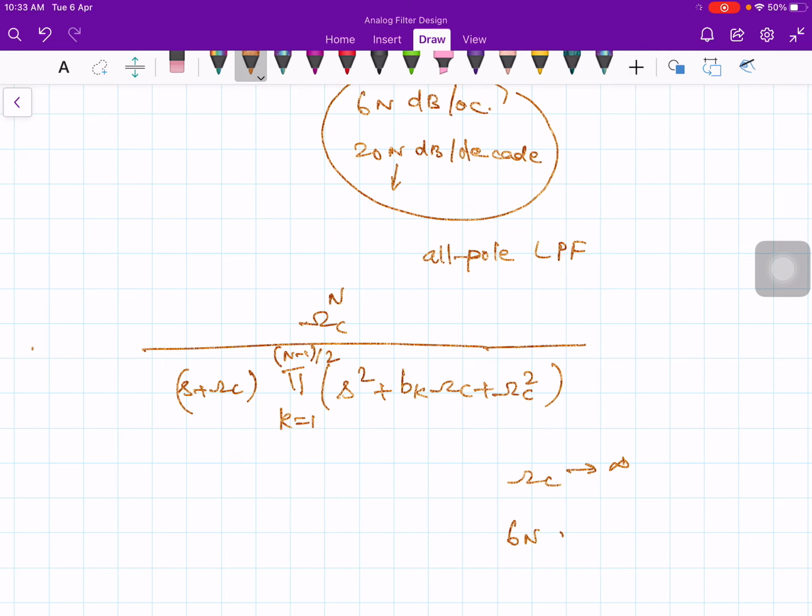Okay, 6n decibels per octave. So it is nothing special about Butterworth.